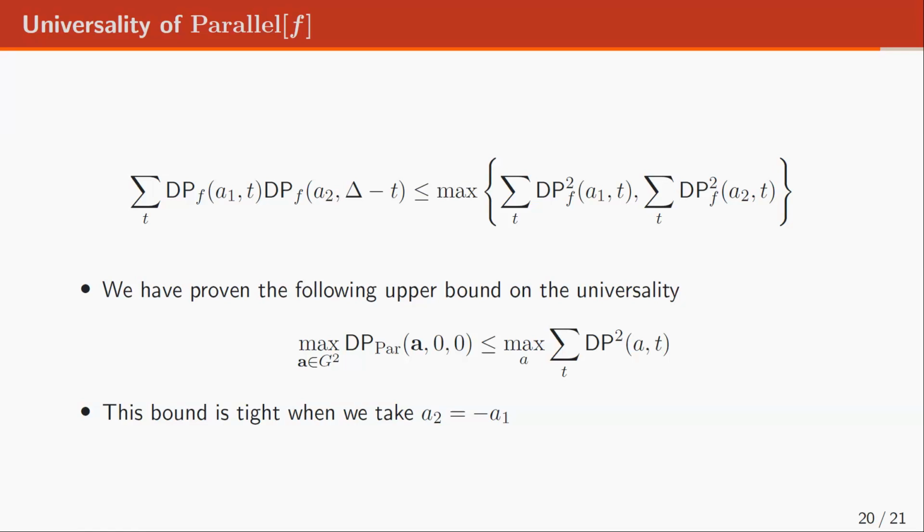So we can just say the universality of parallel F is bounded by some DP squared, with value A. And actually this bound is tight, because if we take strings of length 2 in such a way that we have a difference that is the inverse of the second difference, then we actually achieve it.